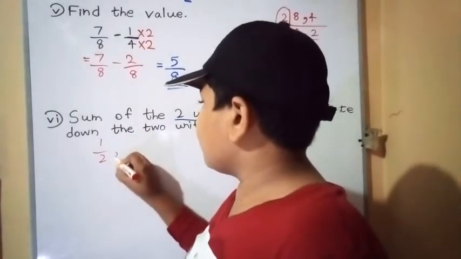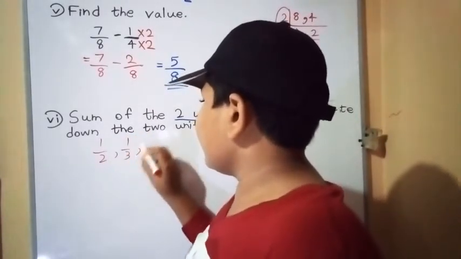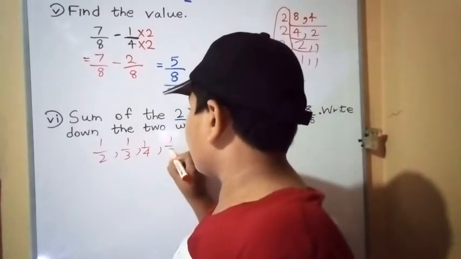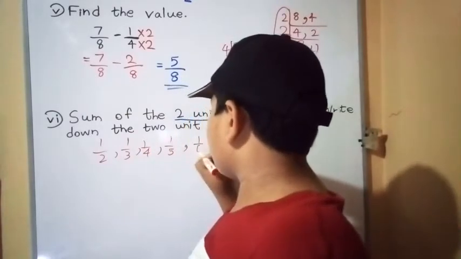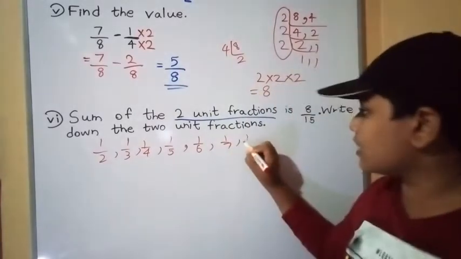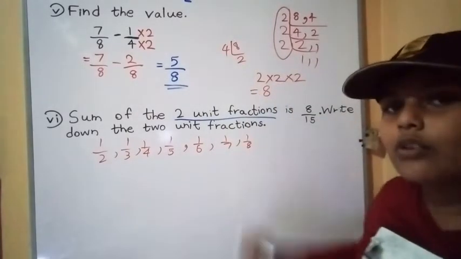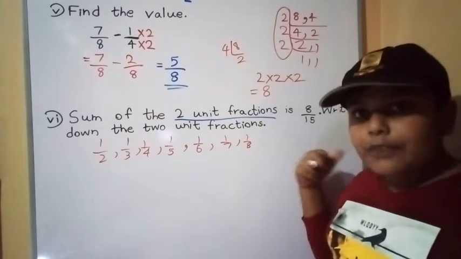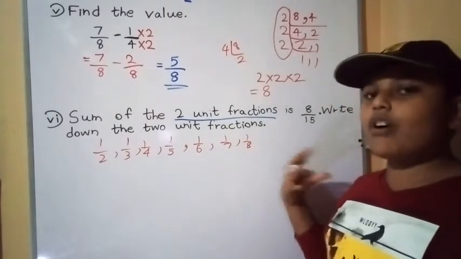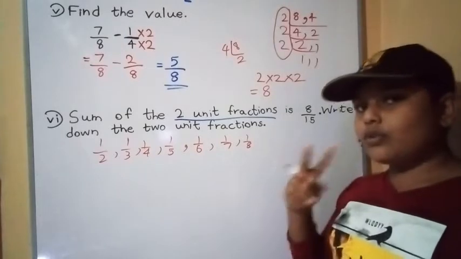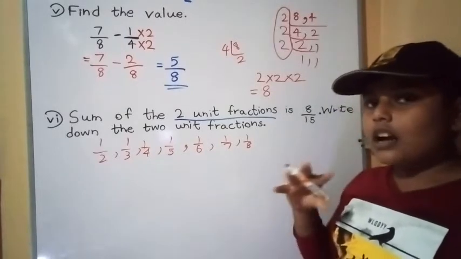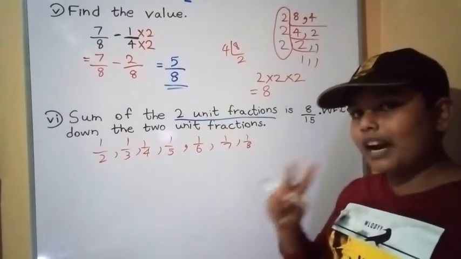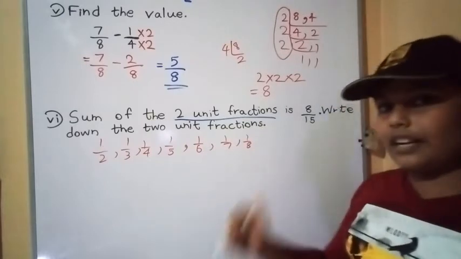1 over 2, 1 over 3, 1 over 4, 1 over 5, 1 over 6, 1 over 7, 1 over 8, like that. Now the denominator is 15. You want to get the two unit fractions whose denominators' multiplication is 15, right?